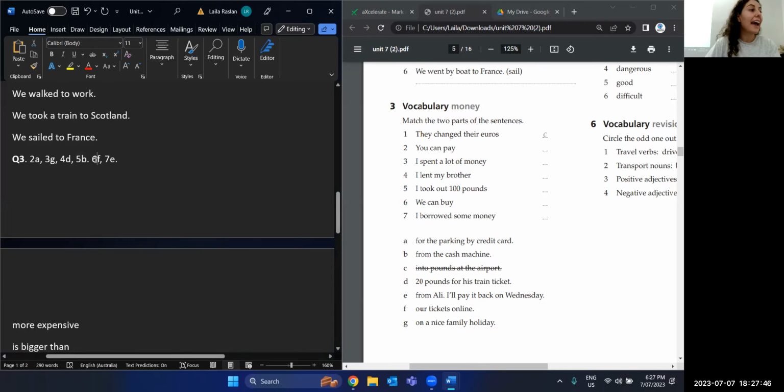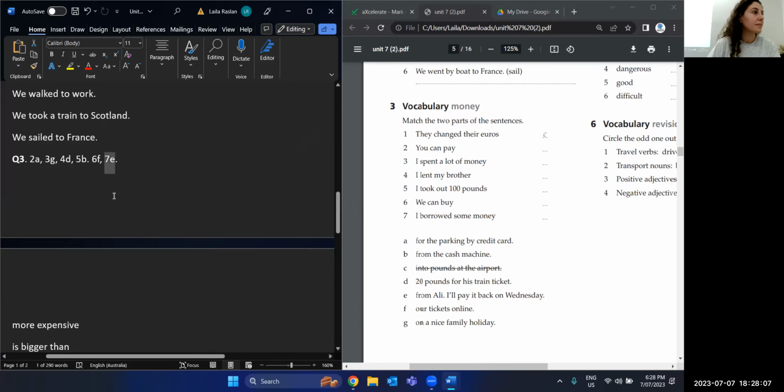Yeah, we can buy our tickets online. So our, pronunciation. We can buy our tickets online. 6F.